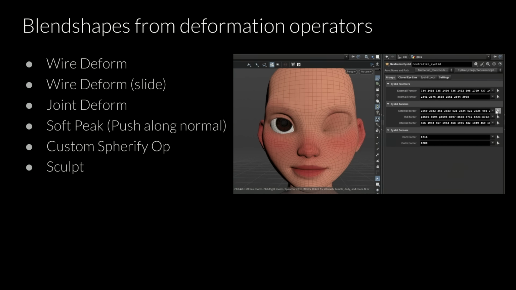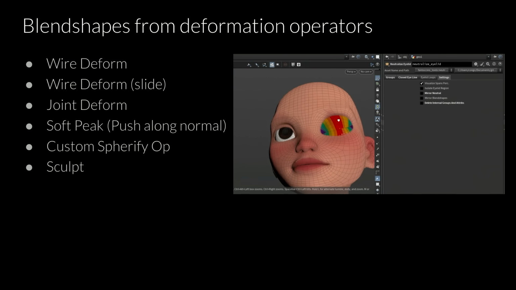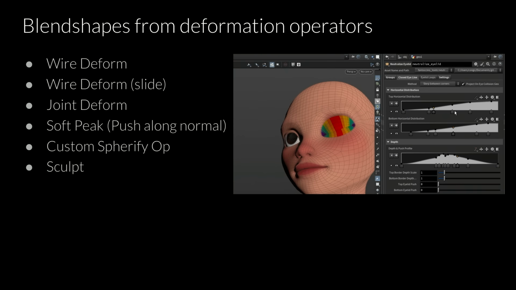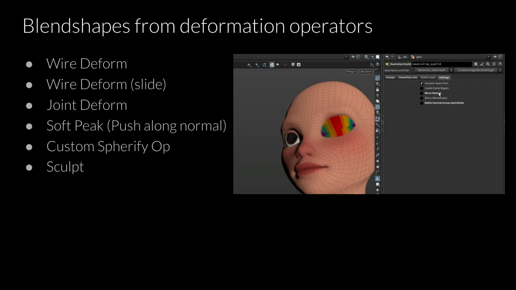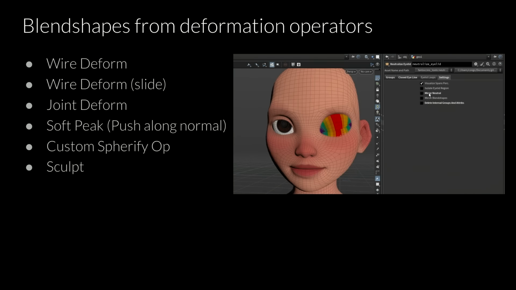And here are some techniques we will explore: wire deform sliding, joint deform, soft peak, custom operators, and sculpting. And here's an example of the eyelids blend shape from my other presentation, where I showcase an operator that would automatically close the eyelids to provide the neutral pose of a character.